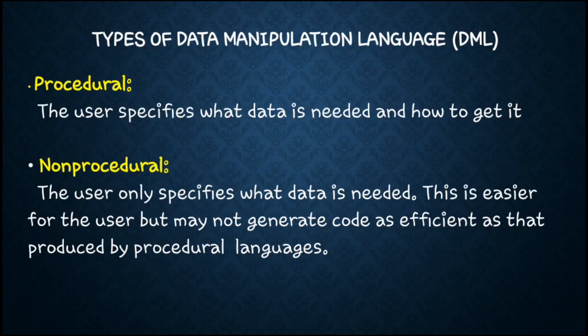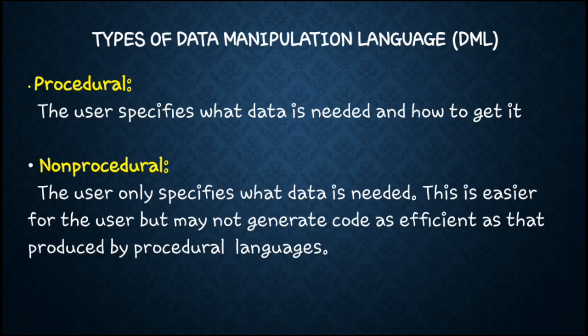Types of data manipulation language. There are two types of data manipulation language: one is procedural, the next is non-procedural. Procedural means we have to maintain a step-by-step procedure for writing the code. This type of language requires the user to specify what data is needed and how to get the data from the database.